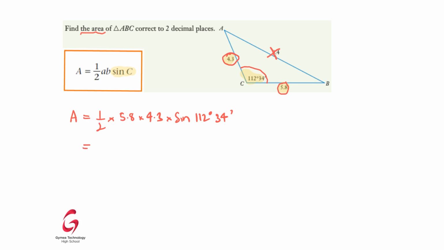Now it's just calculator work. We get 11.515, and it's ongoing decimal, but we're asked to do two decimal places this time. So the second value is the 1, so it's 5 point something. The one after the 1 is a 5, so it says round up. We don't have any units, no centimetres or metres, so we're just going to say units squared.